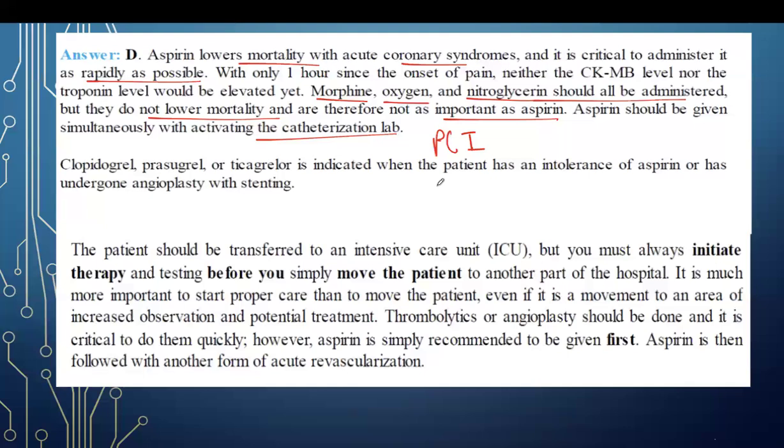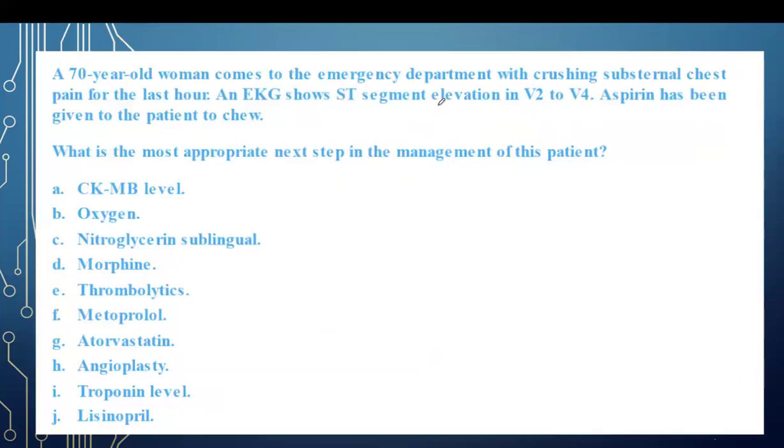Let's say it is the same question, the same 70-year-old with ST elevation and crushing chest pain, but they just add another sentence saying you have given aspirin. What will be the next step in the management of this patient? What do you think?